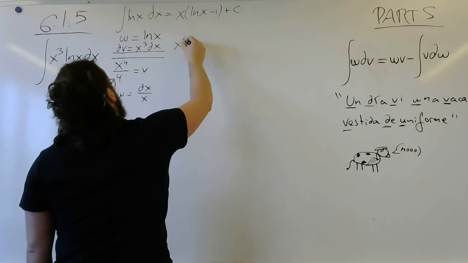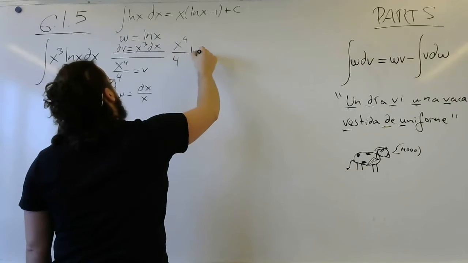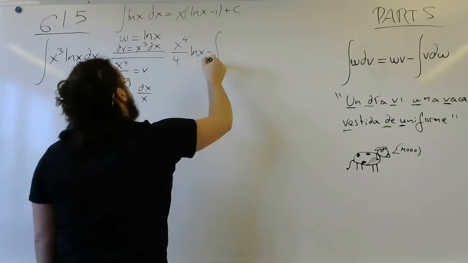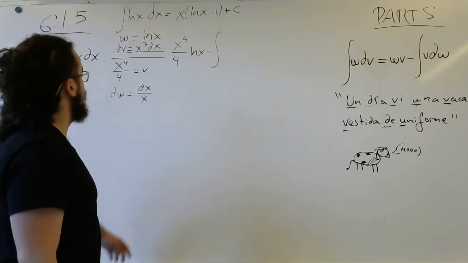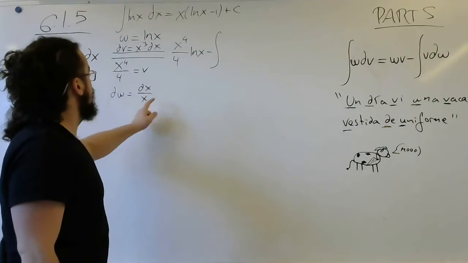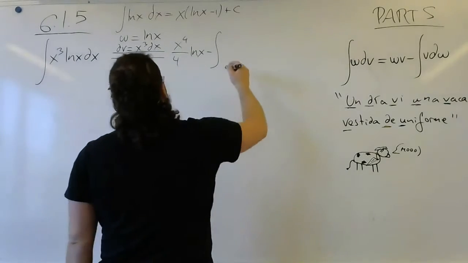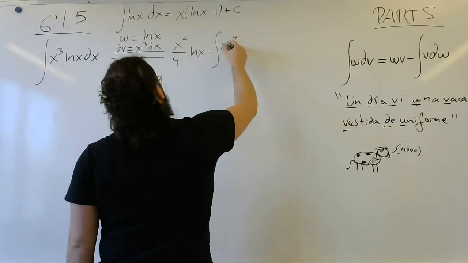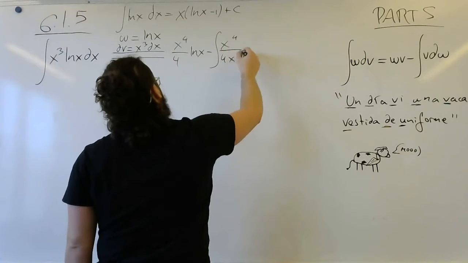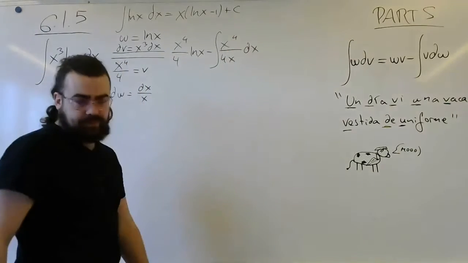We have x to the fourth over 4 logarithm of x minus the integral of v differential of omega, and that's x to the fourth over 4x dx.